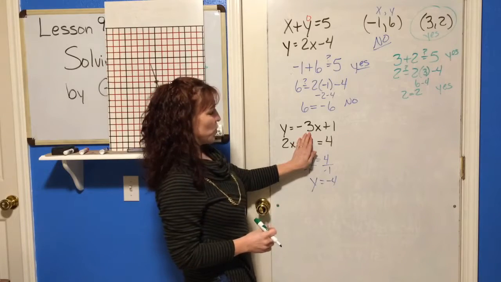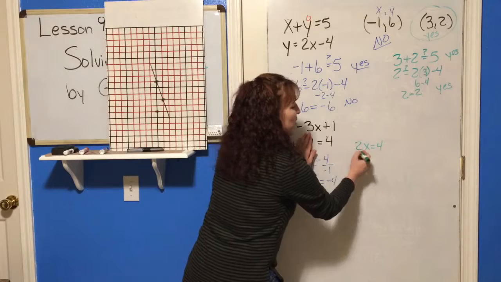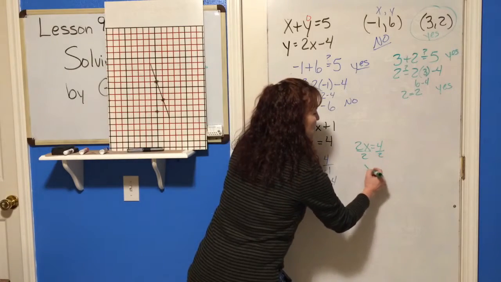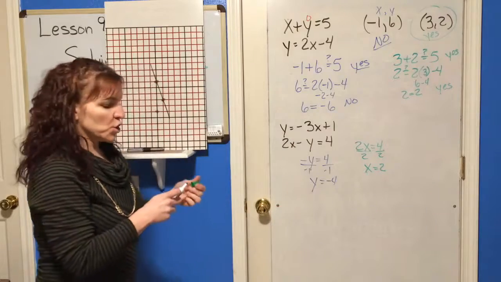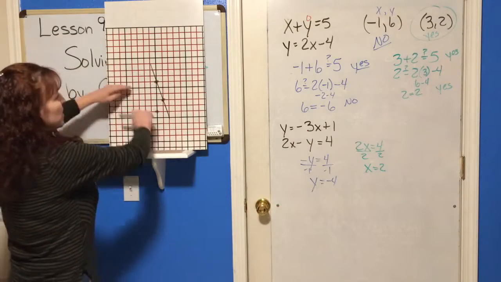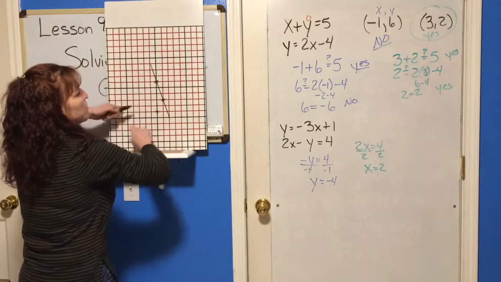And now for your x-intercept, you're going to put in 0 for the y. So now 2x equals 4. To get the x by itself, you've got to divide by 2. So the x-intercept is 2. So along the x-axis, along the right and left, you're going to go 1, 2 over and plot a point there.